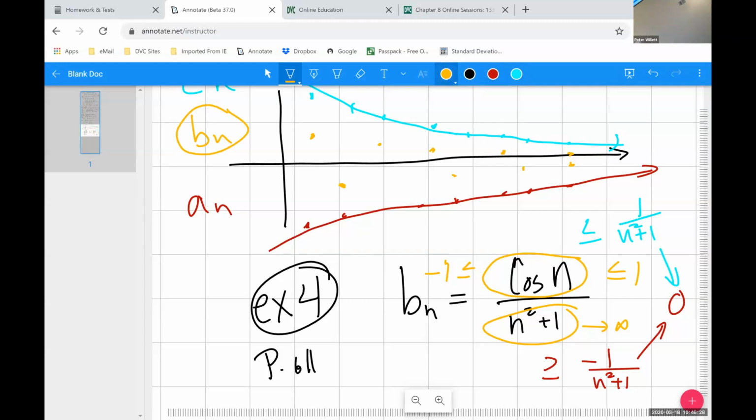And so then by the squeeze theorem, the limit as n goes to infinity of this b sub n's has to also be equal to 0. So that's their example 4. Questions, comments, discussions about that?